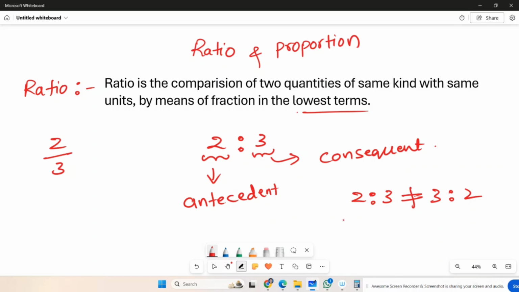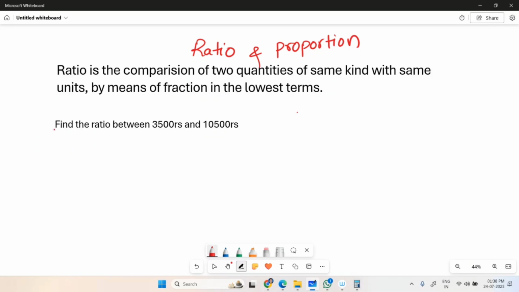Okay, let's solve some example questions and see how we use this in our real life. Find the ratio between 3,500 rupees and 10,500 rupees. So we need to find the ratio between these two numbers. We can write these as 3,500 is to 10,500.